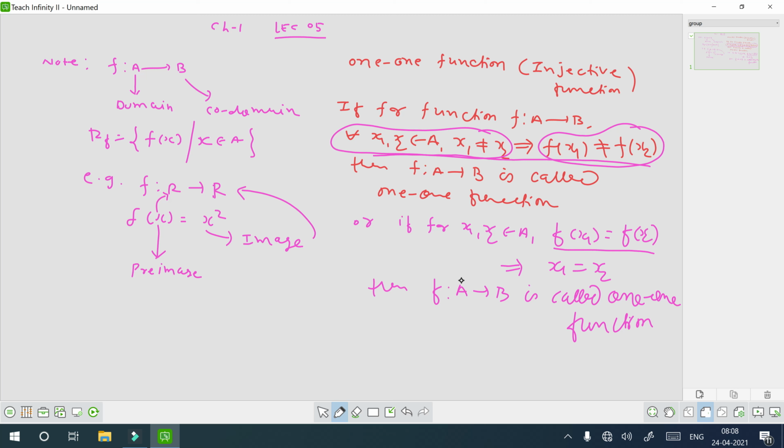Clear? Or injective function. Next, onto function. The next type of function is onto function. Surjective function. The other name is this one.